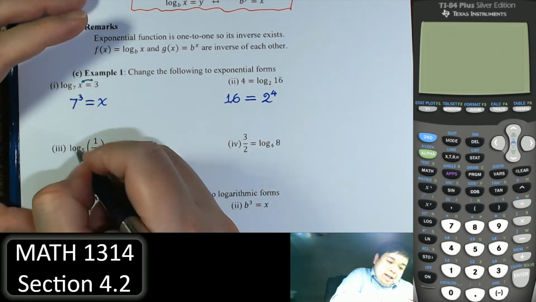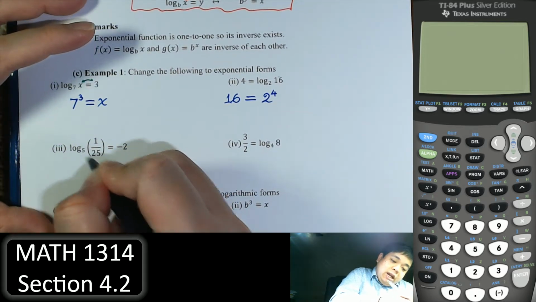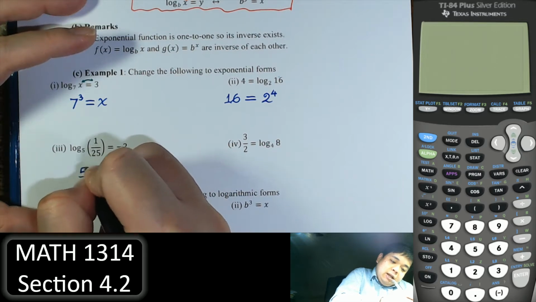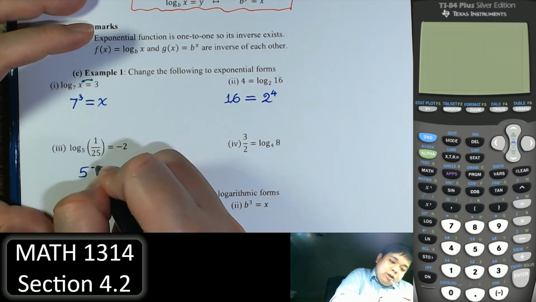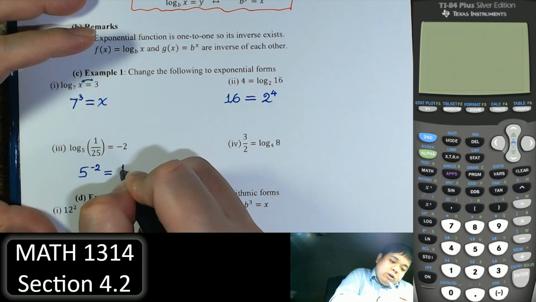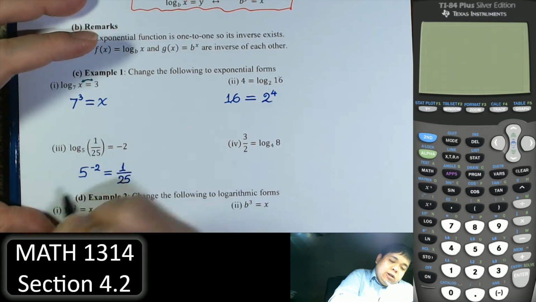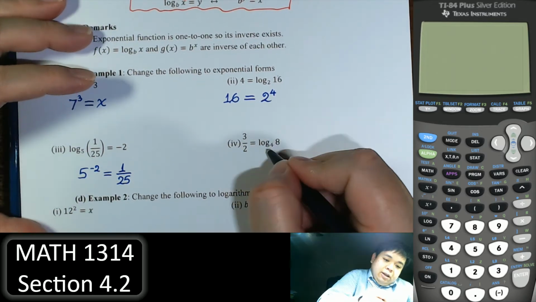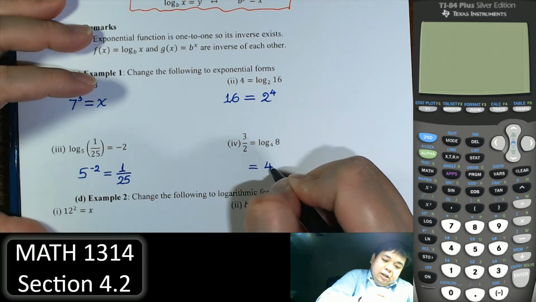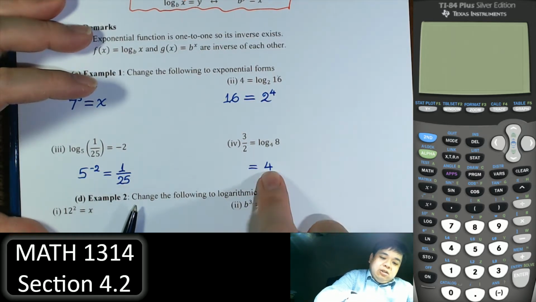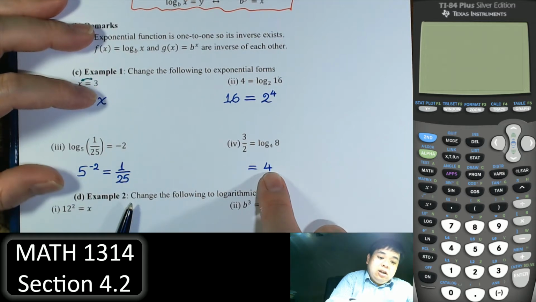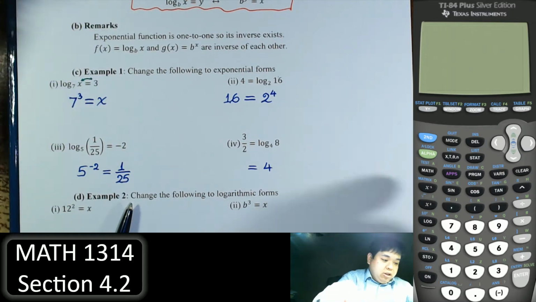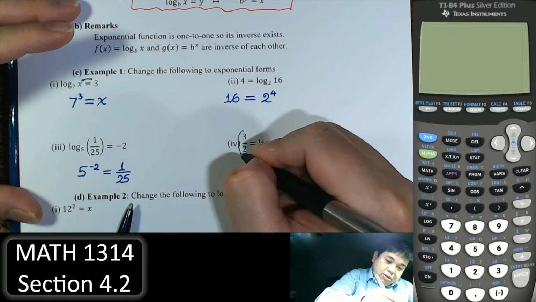Same thing. The equal sign will stay, the base will stay, and swap the negative 2 and 1 over 25 to the other side. Equal sign will stay, the base 4 will stay on the same side, and then we just swap the other number.